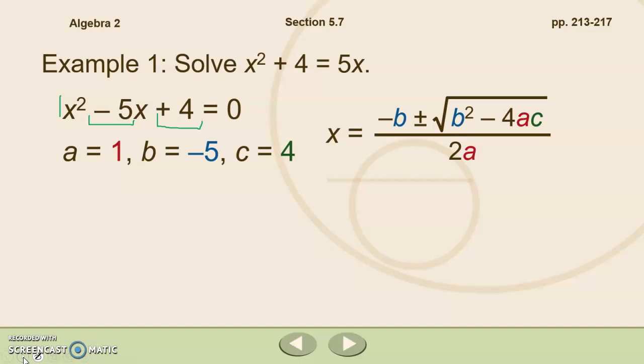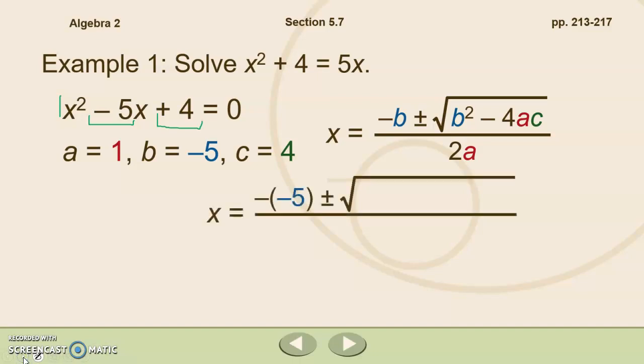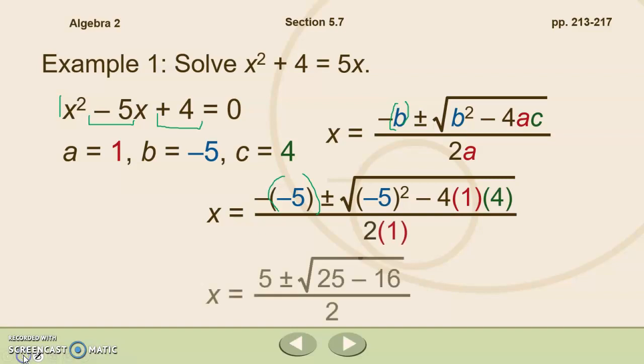Negative b plus or minus the square root of b squared minus 4ac all over 2a. Let's plug in those numbers. We have negative, and then plugging in a negative 5. Remember that when we use substitution, we want to use parentheses so that we don't drop our negative. So we're going to sub in a negative 5. Negative 5 squared minus 4 times 1 times 4 all over 2 times 1. From there, it's just following the steps of algebra to simplify.